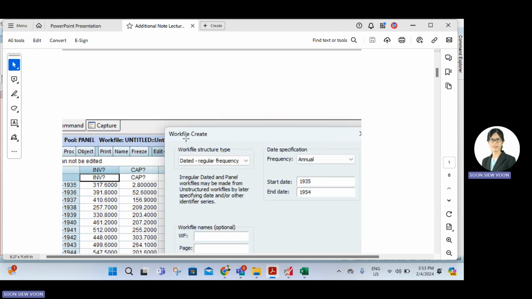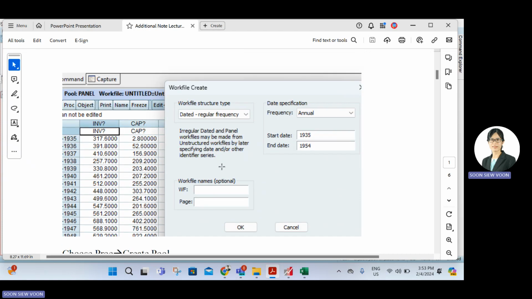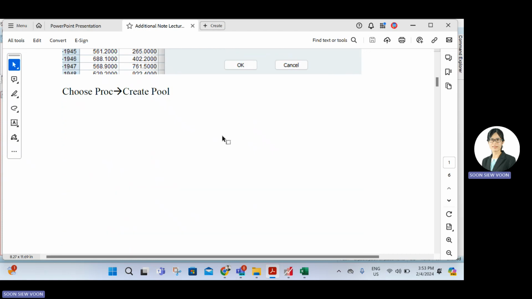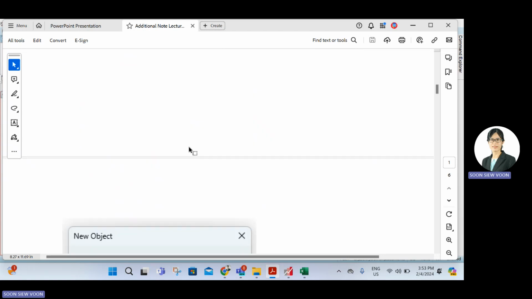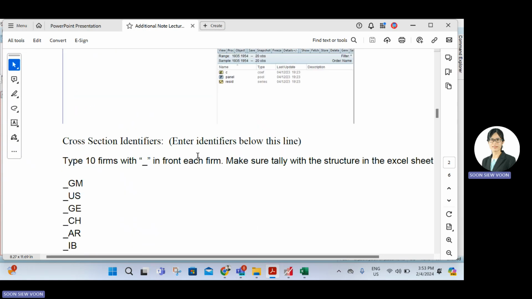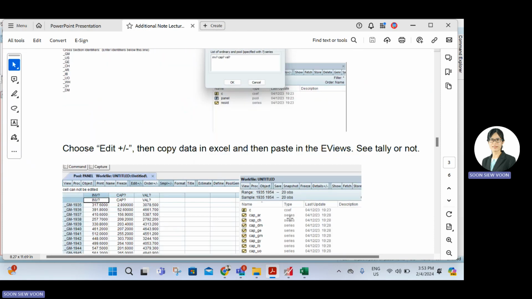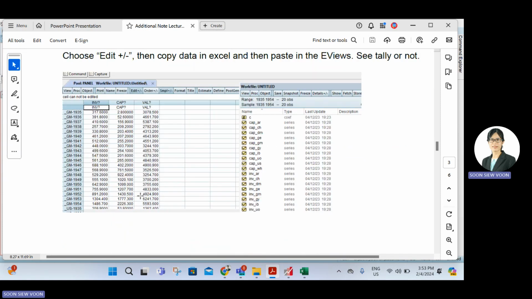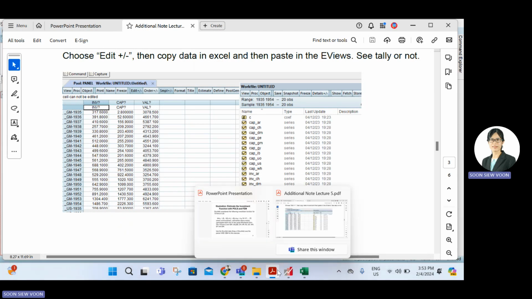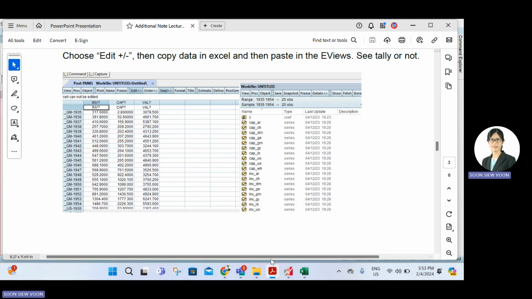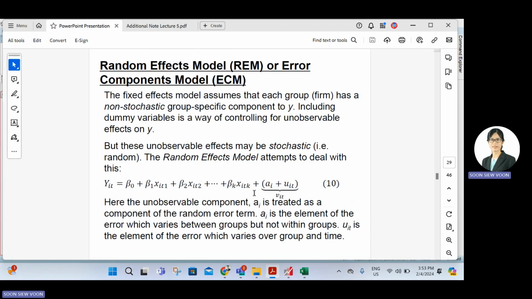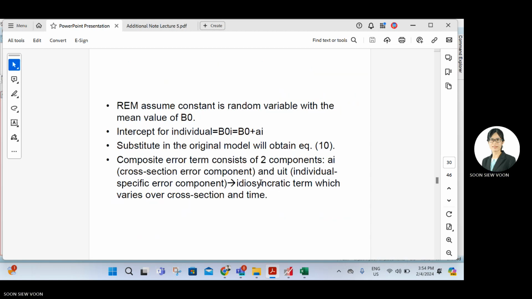You need to create the work file, using eViews to help you, follow the steps here, then create the pool. Then put in the variables, stack it, and estimate. I will show you this after the semester break. What I want to cover right now is, where's the next slide, it's the random effect models. Yeah, so let me see.